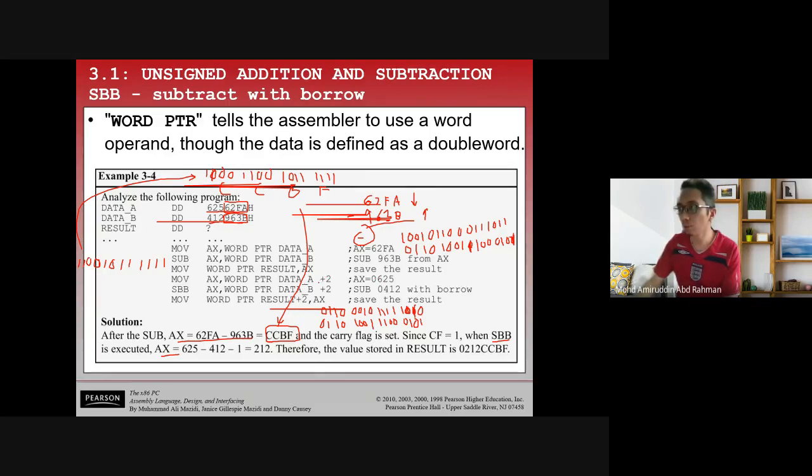With the addition of 2, what happens is that we'll take this number, 6 to 5, and bring it to AX. And also for the data B plus 2, we'll take this 412, so it will take 412 and subtract 2, 6 to 5.